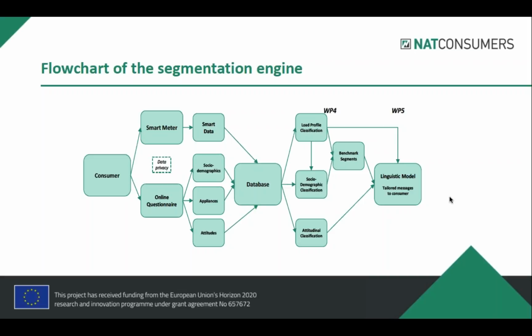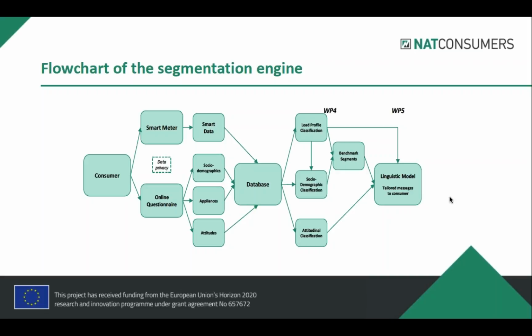This segmentation shows how consumers use electricity: whether peak consumption is typical in the afternoon or in the evening, or whether they consume more than the average during the summer or less than the average in the summer. It is very important to highlight that the load profile segmentation doesn't deal with the volume of consumption. It only deals with the shape of the consumption.